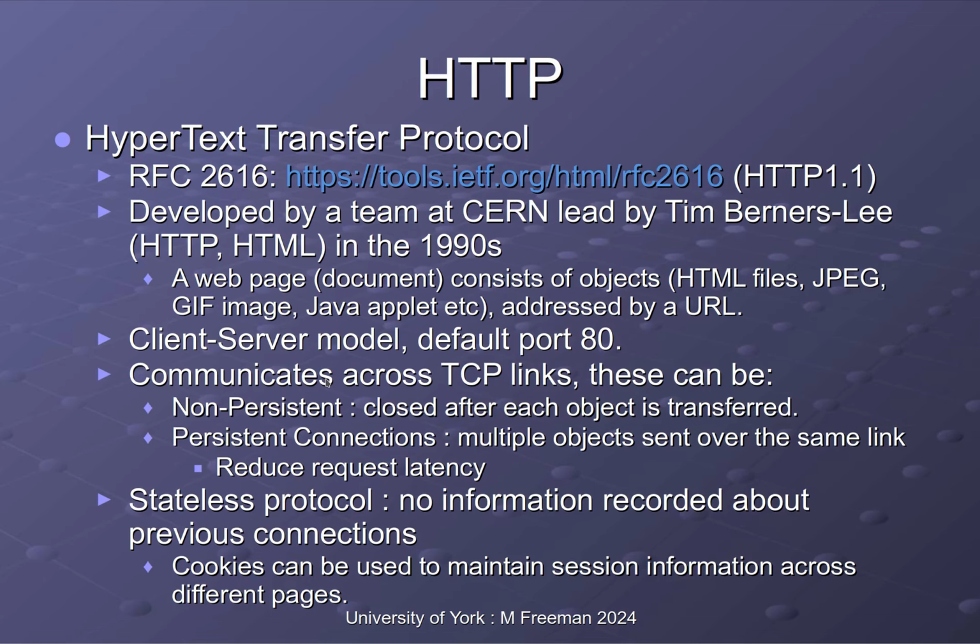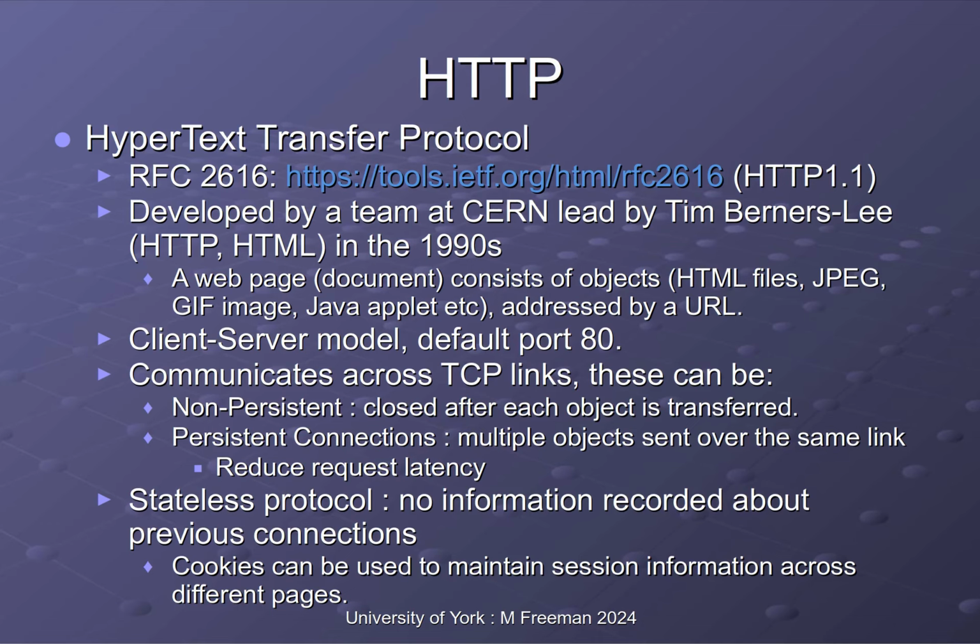Now, over the years, HTTP has gone through different flavors. To start off, we'll be looking at the basic one, HTTP version 1.1. Obviously, as the internet increased in size and people started to use web pages for different functionality, security became an issue. And also speed, the amount of time it takes to transfer these web page objects using HTTP. So different optimizations have been made to increase performance and improve security.